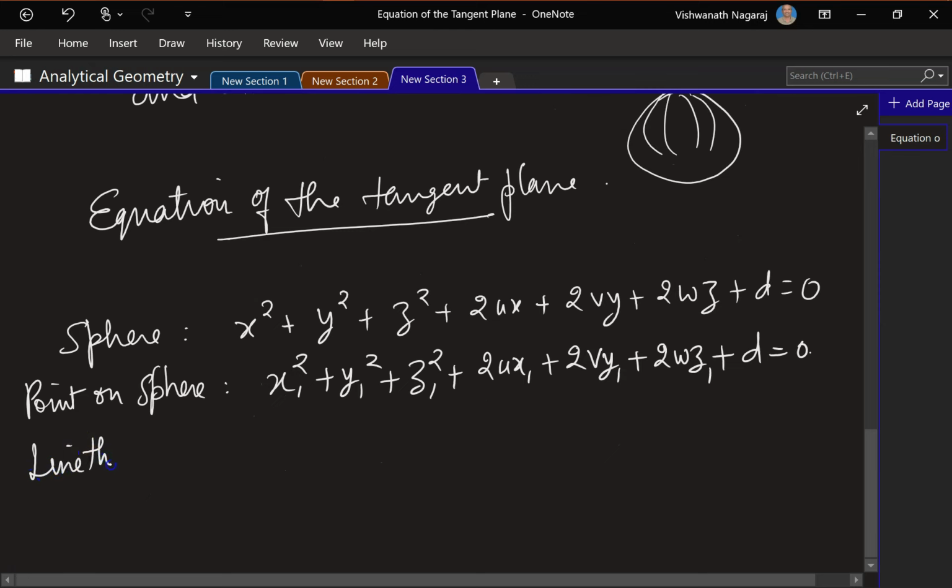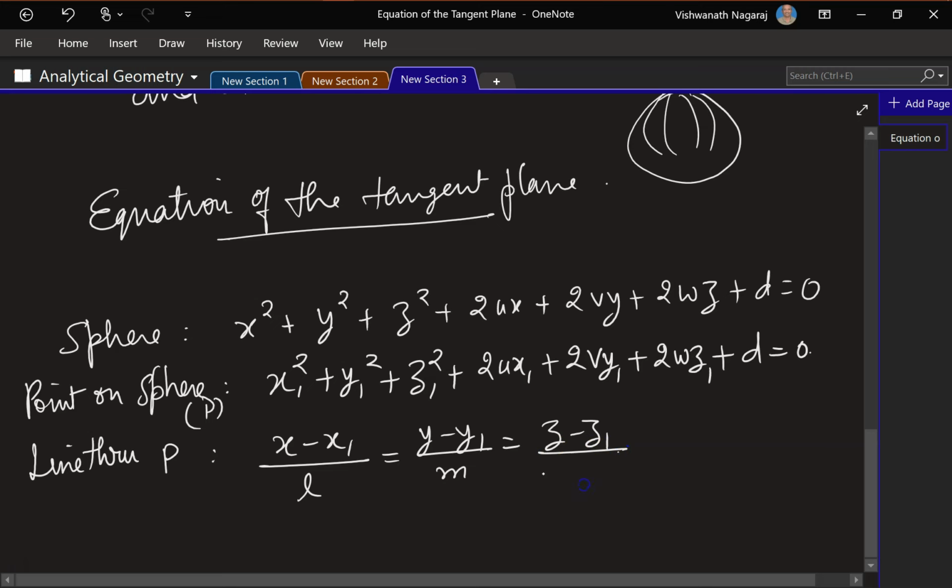The line through P is (x minus x1) by L, (y minus y1) by M, (z minus z1) by N.